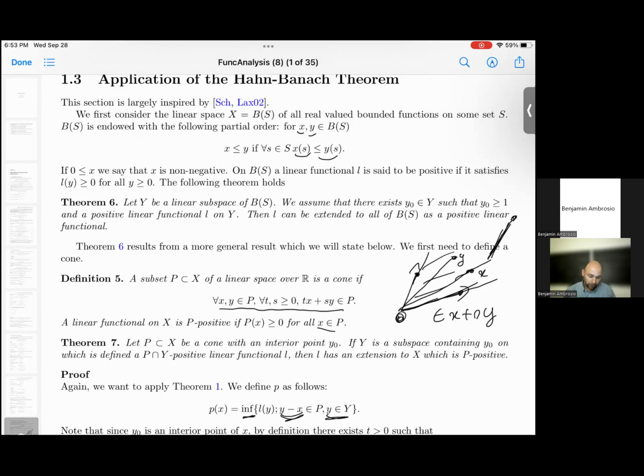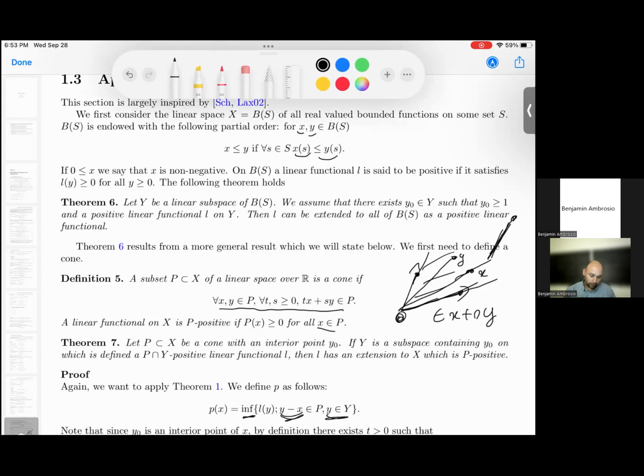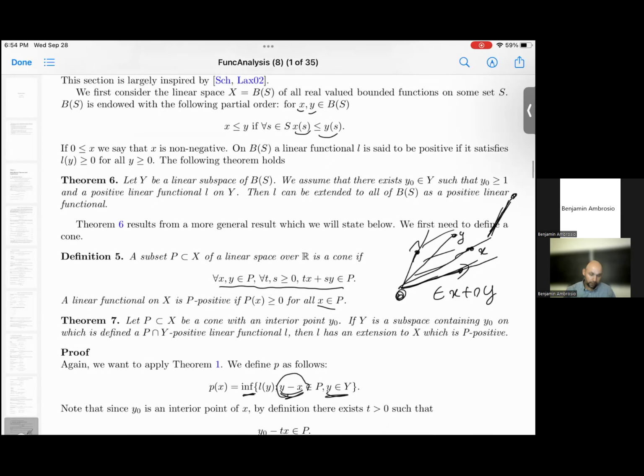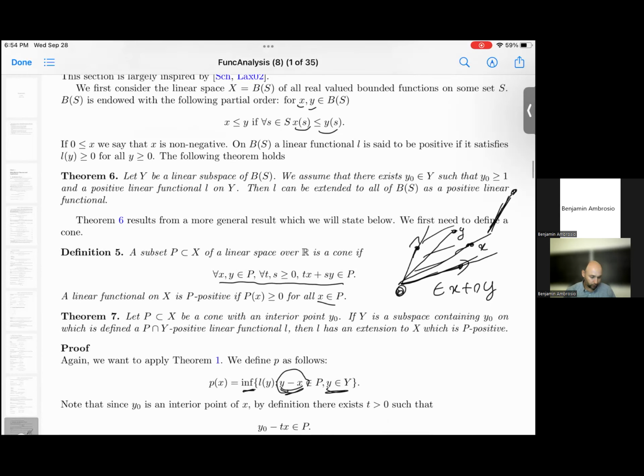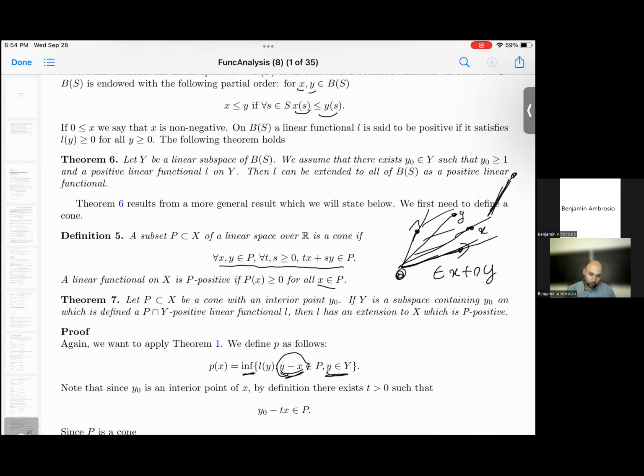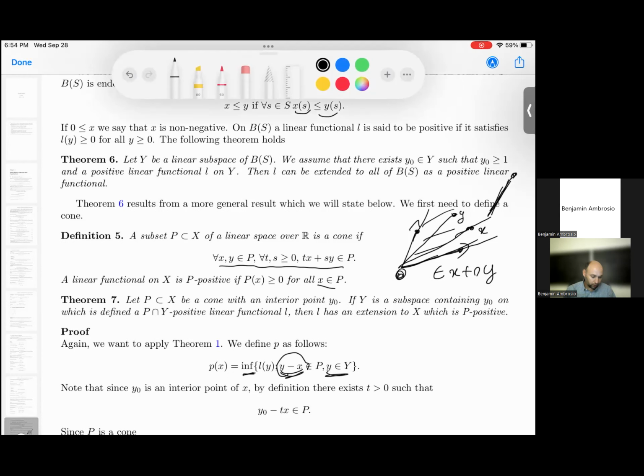Well, this should not be an empty set, right? Can we for all x find a y such that y minus x belongs to P and y belongs to Y? Well, yes, the answer is yes. Why? We look at the y0.